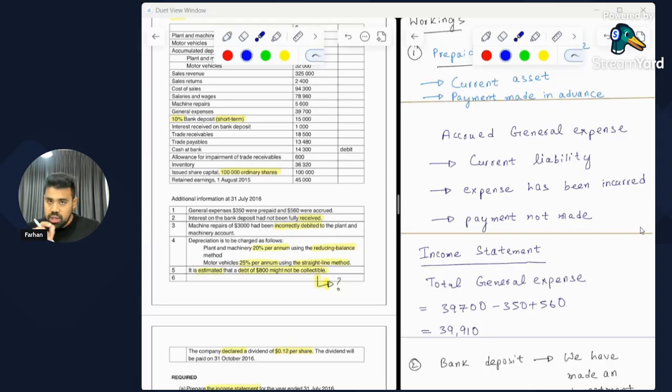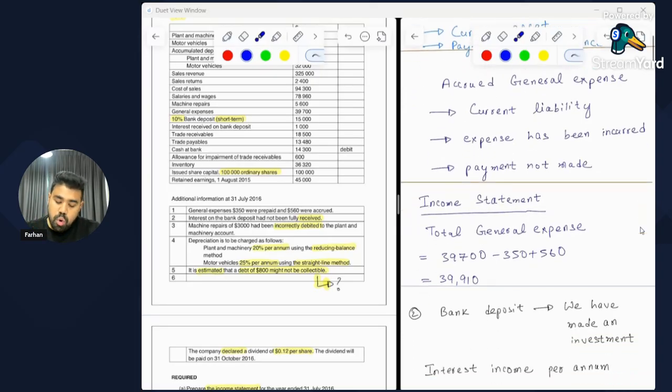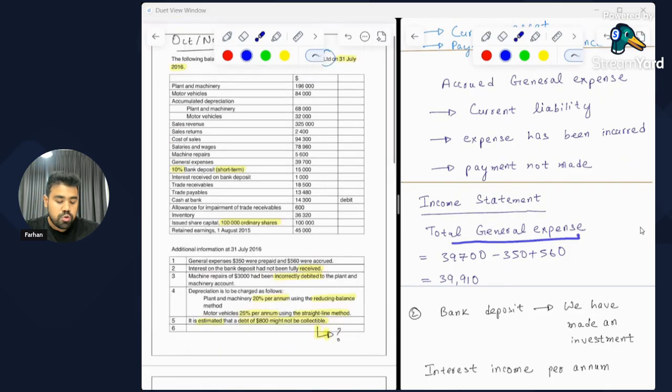So all the expenses that we have incurred, which means all the expenses that we have actually utilized in the current financial year ending 31 July 2016. So in the income statement, when we report the total expenses, the total general expenses to be specific, we are going to do some adjustments. And what are those adjustments? Let's go to the table.